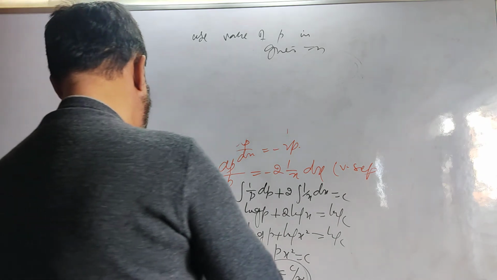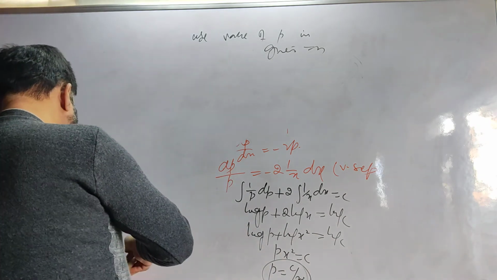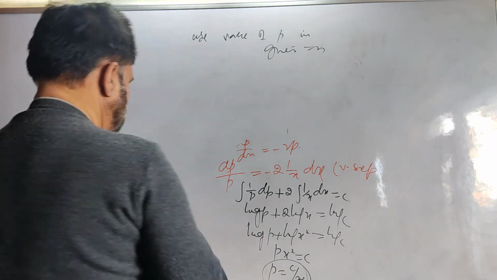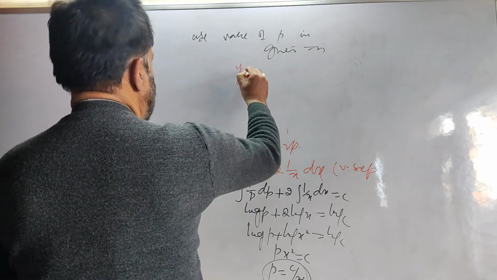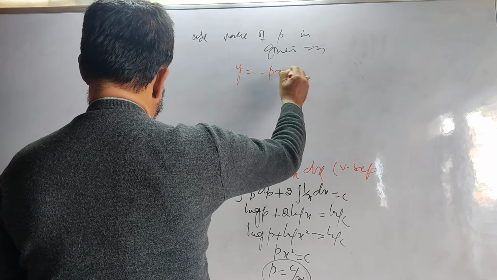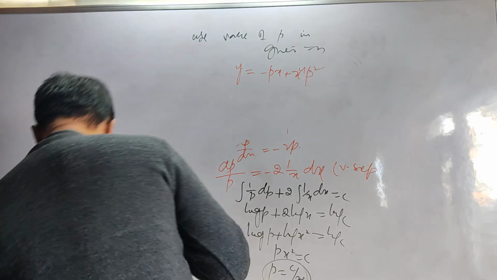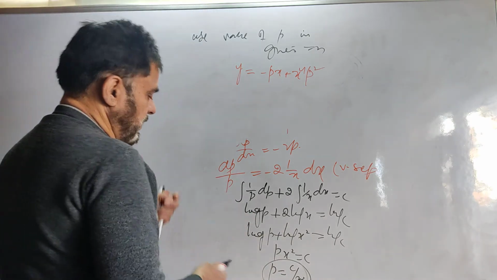I have to write that equation. Using value of p in the given equation, this was your equation. You use the value of p here, you will get the solution that will be free from p now.